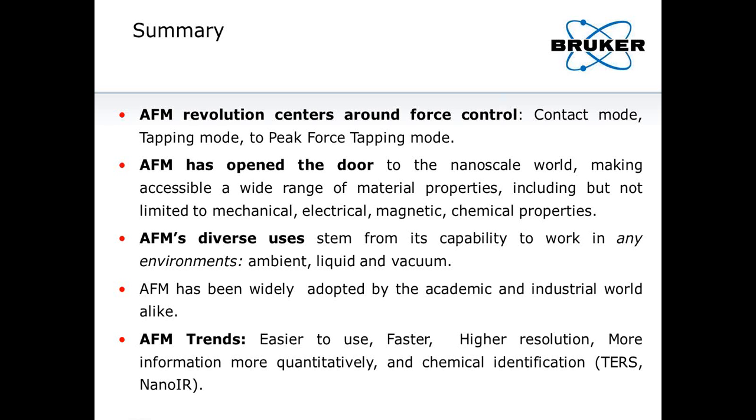But if you move that to a glove box, and the sample goes through vacuum to remove the water layer, then in vacuum you can get to 1 nanometer resolution. Of course, you need a sharp tip as well.